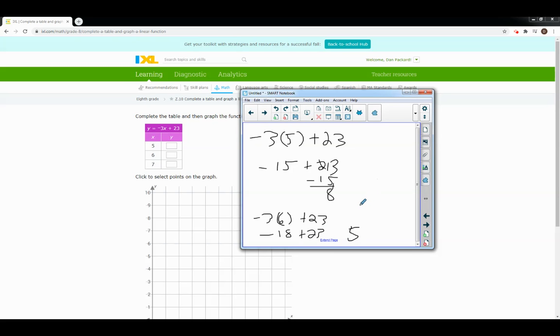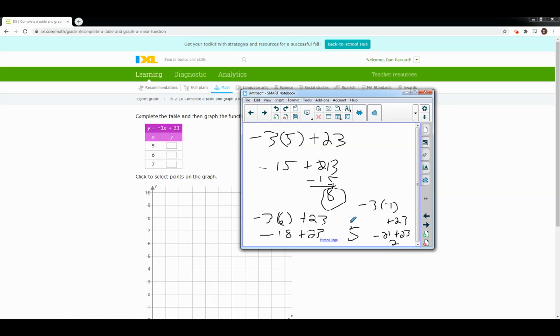And then the last one, -3 times 7, I'm running out of room here, plus 23. Okay, this is going to get us negative 21 plus 23, which is 23 minus 21, which is 2.